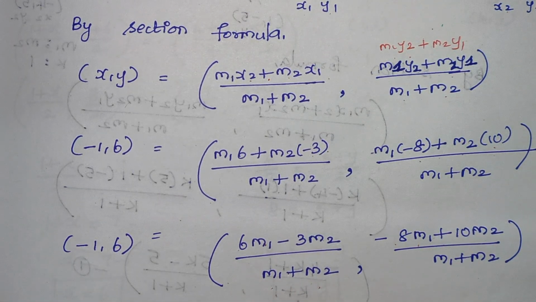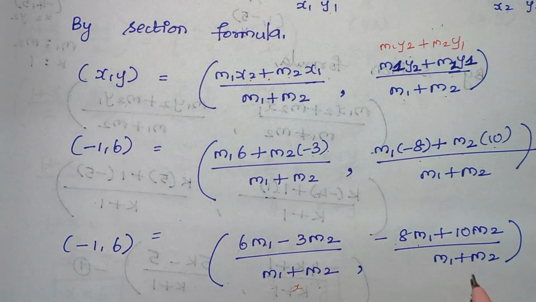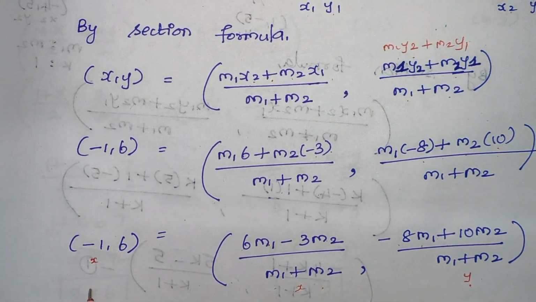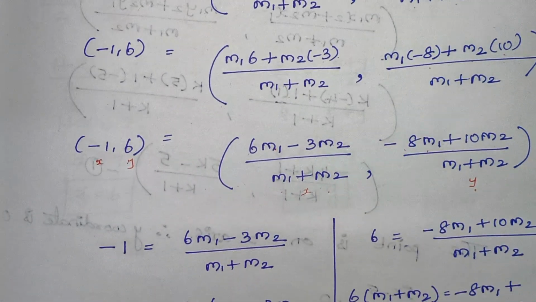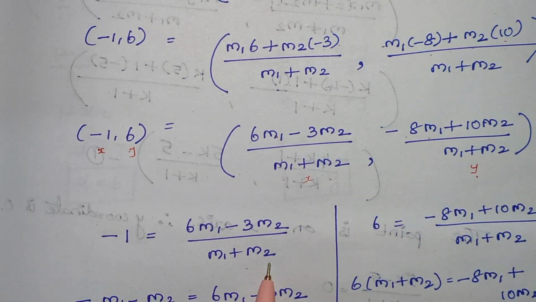This first term represents the x, because everything is in terms of x, and this represents the part of y. Now this first part is equal to our x term over here, so I am equating. So minus 1 is equal to 6m1 minus 3m2 divided by m1 plus m2, right?